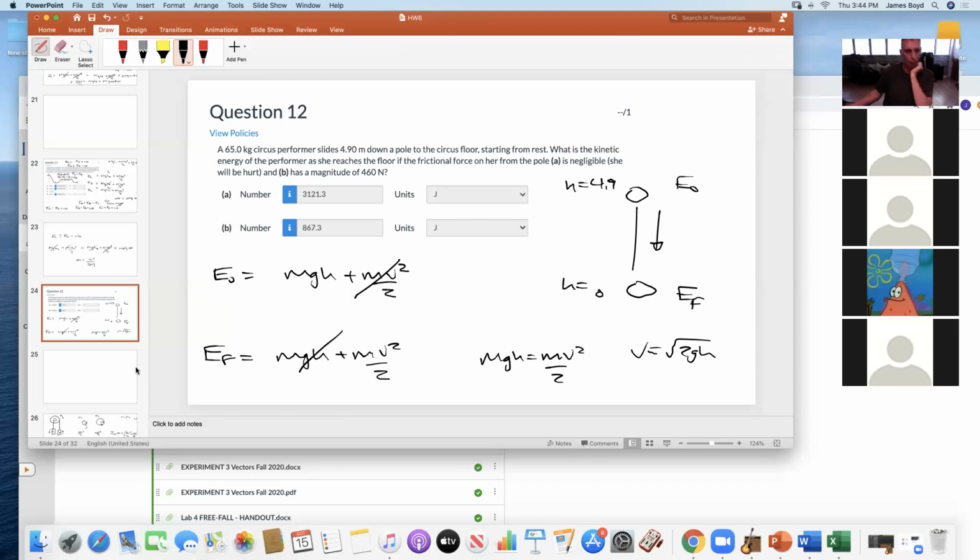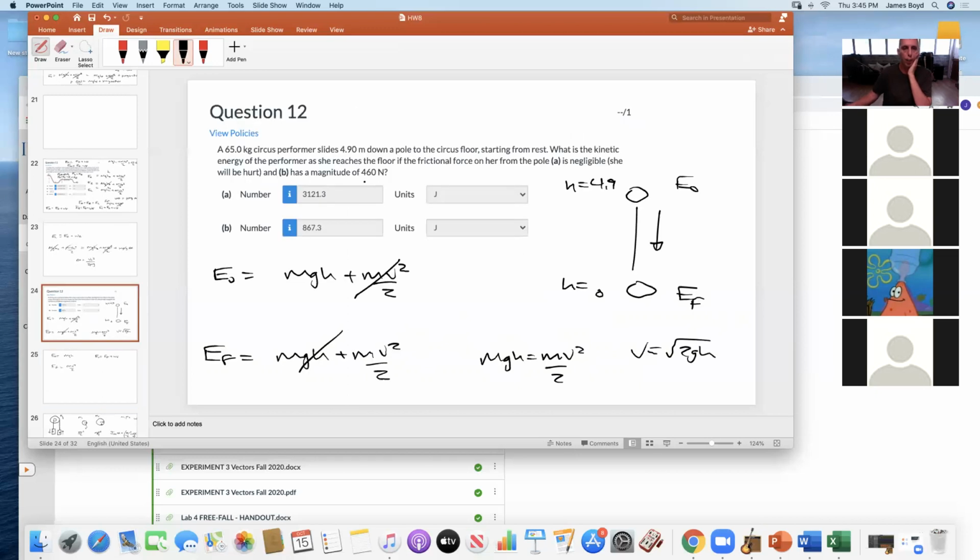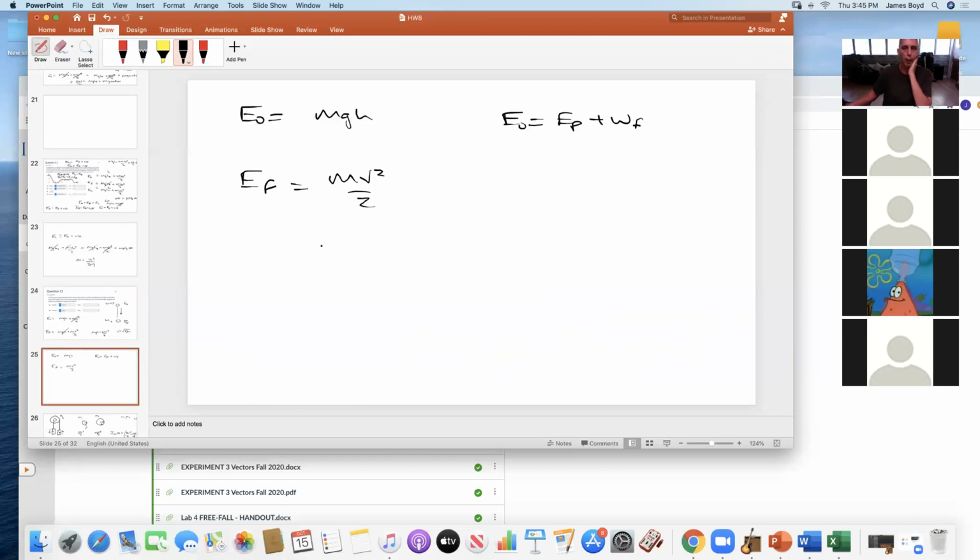If there's friction, however, the initial energy was mgh, the final energy was mv squared over 2, and energy initial is equal to energy final plus work of friction. They gave us just a value, 460, for the friction magnitude.